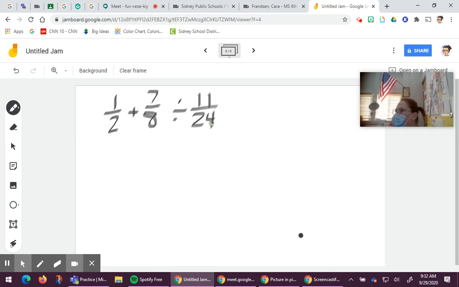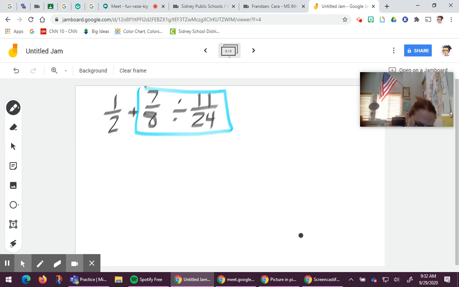Okay. So from right to left, the first thing we have to take care of is PEMDAS, P-E-M-D-A-S. We have no parentheses, we have no exponents. So what do we have to do first? Multiply and divide. So what we have here is a division problem. So the only thing we can do first, we can't do any adding yet. We must take care of this part of the problem first.